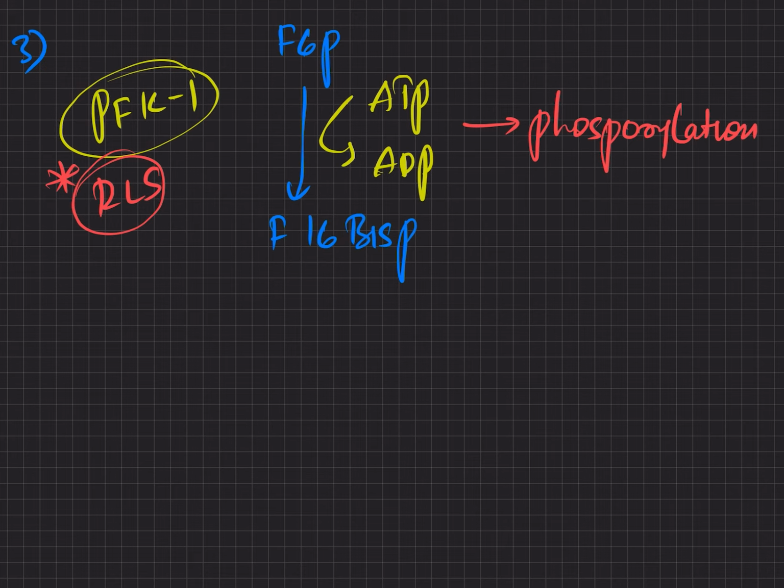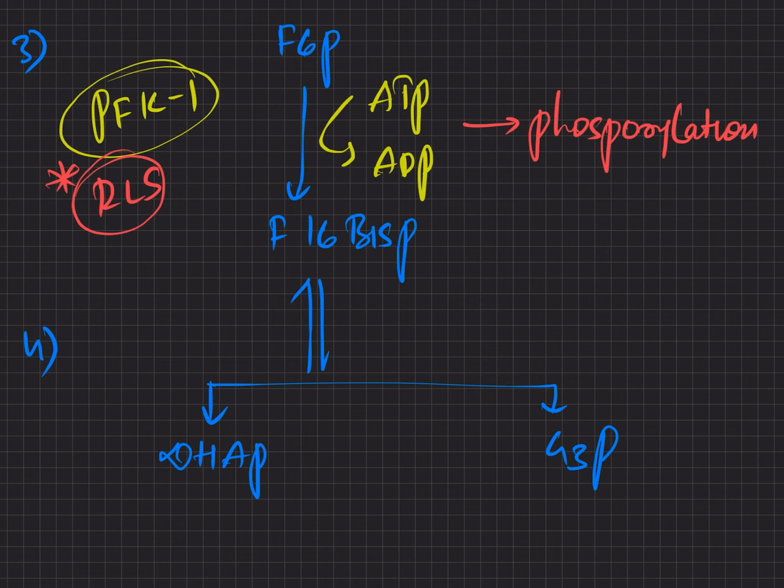Now coming to the fourth step. What happens in the fourth step is a cleavage. Till now we have invested; now the splitting has to take place. The splitting occurs and it becomes G3P, glyceraldehyde 3 phosphate, and DHAP, dihydroxyacetone phosphate.